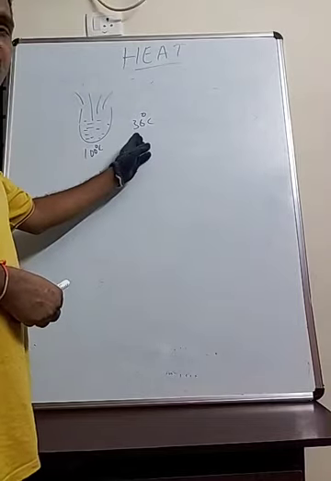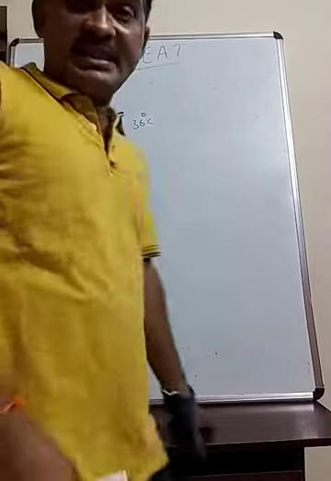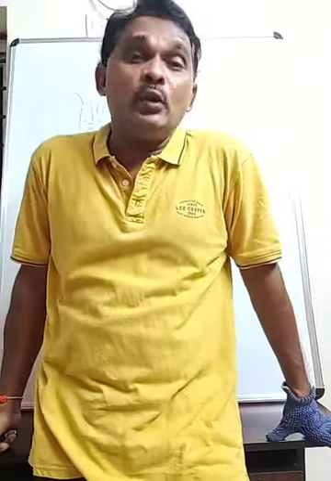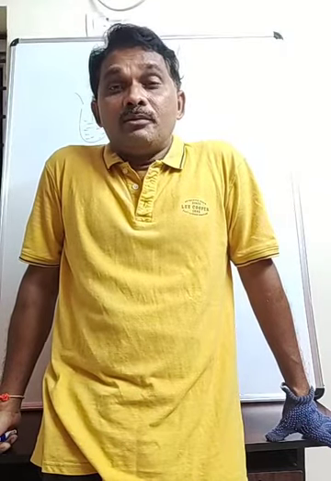After reaching 36 degrees, does that coffee again lose its temperature? No, because we already discussed earlier the definition of heat: heat is transferred from a high temperature body to a low temperature body.